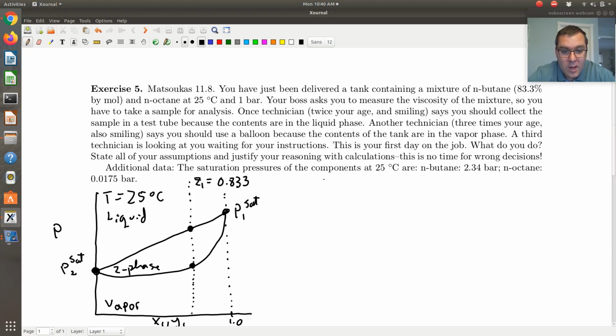We're given P1 sat and P2 sat. Our temperature is 25 degrees C, which in this case just tells us what PXY phase diagram to look at. Temperature essentially just fixes Psat. We're given the composition of my mixture.